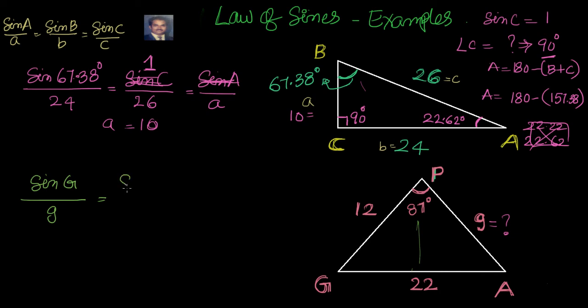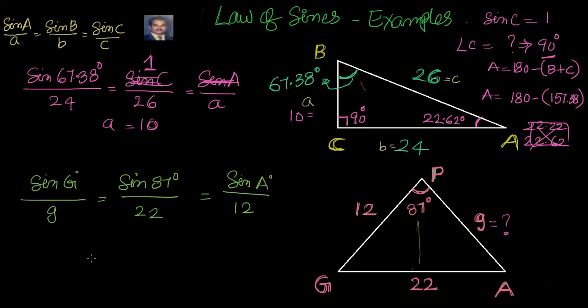I will say sine of 87 degrees divided by 22, the length I know. And what else I have? I don't know angle A, but I know the side here, so I will say 12, and this is sine of angle A.